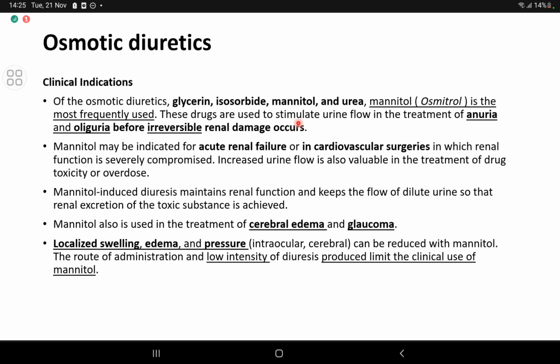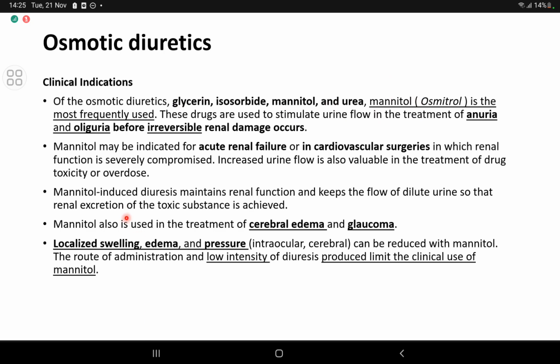Irreversible damage means total damage. Meaning that the renal patient still has some percentage of kidney function. So as long as it is not totally damaged, you can prescribe any one of these four drugs.